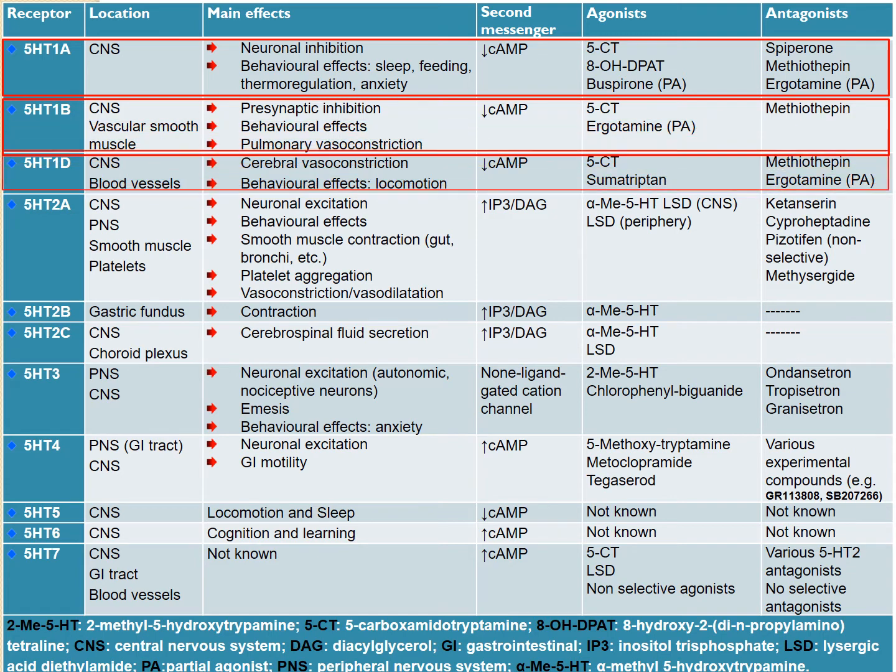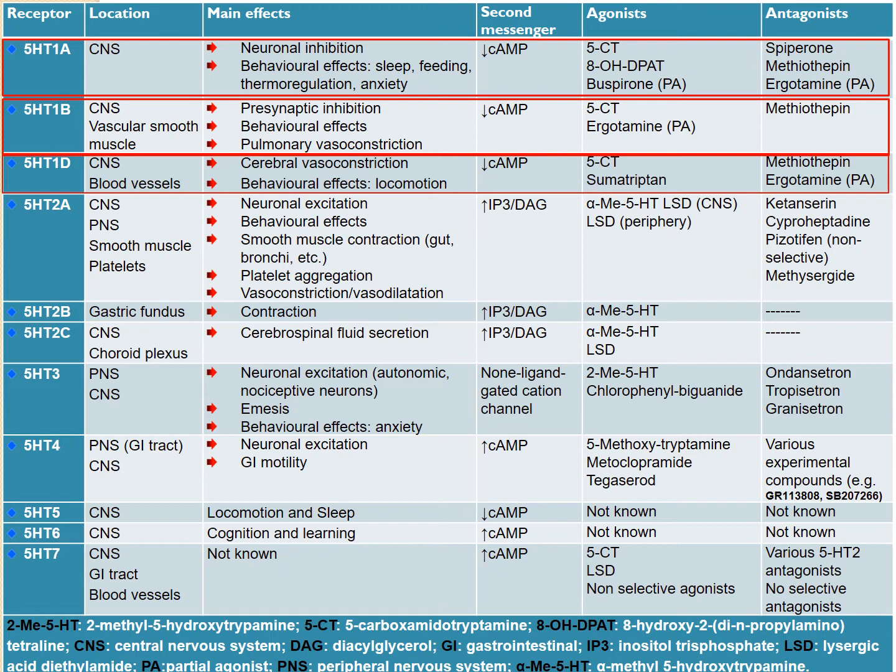Then the third receptor is the 5-HT1D receptor. It is mainly located in the central nervous system and the blood vessels. It is mainly involved in effects like cerebral vasoconstriction, behavioral effects, and locomotion.